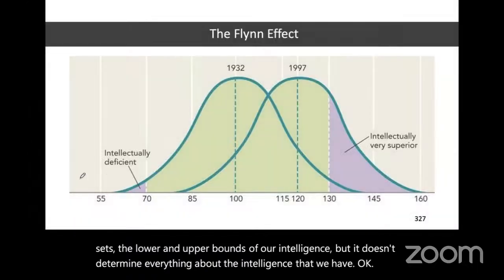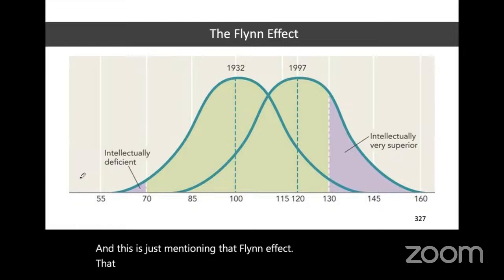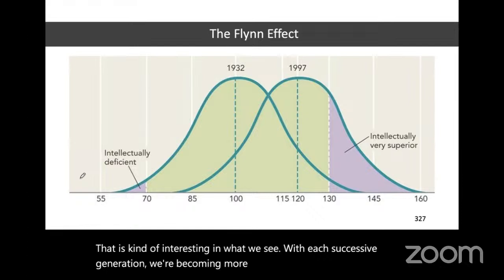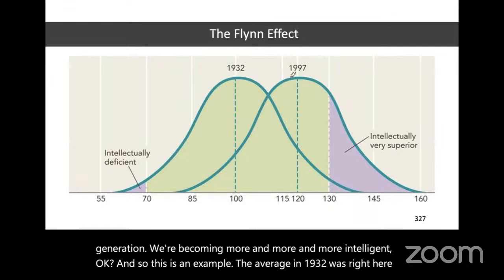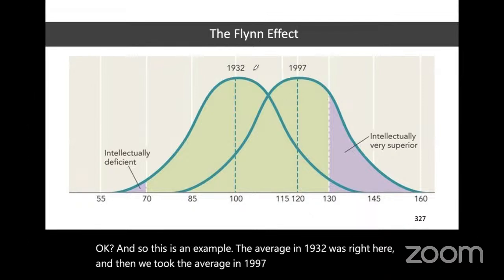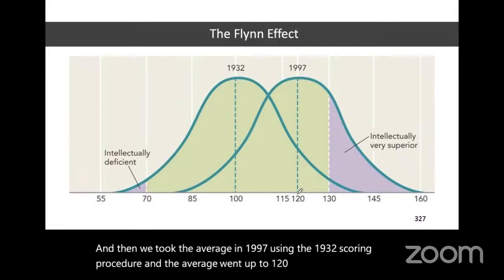And this is just mentioning the Flynn effect, which is kind of interesting, in that with each successive generation, we're becoming more and more intelligent. Okay, so this is an example. The average in 1932 was right here, and then we took the average in 1997 using the 1932 scoring procedure, and the average went up to 120. Okay, so literally, good news.